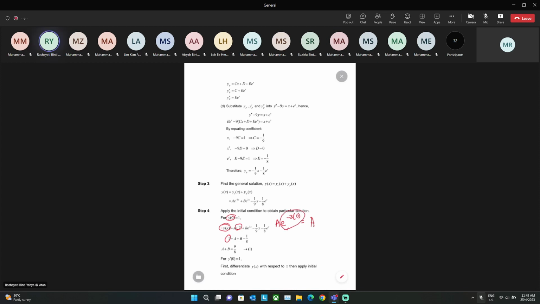So A plus B, and then the last term is also the same. Because x equal to 0, if you rearrange this equation, you will get A plus B equal to 9 over 8.